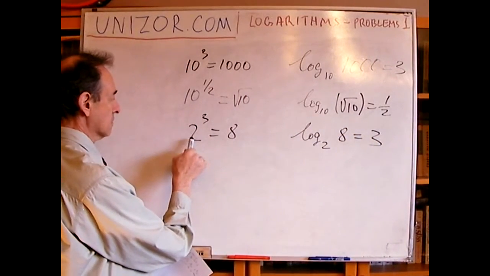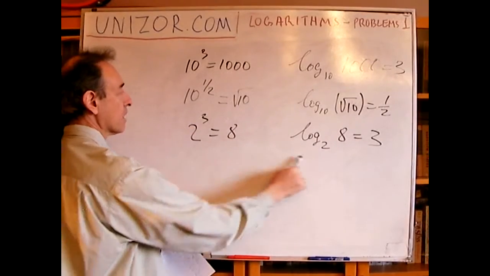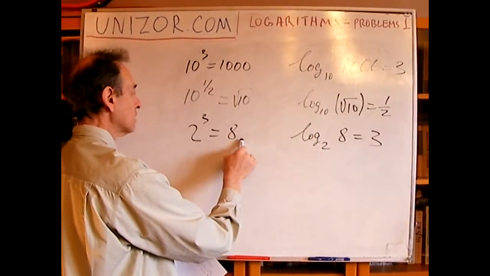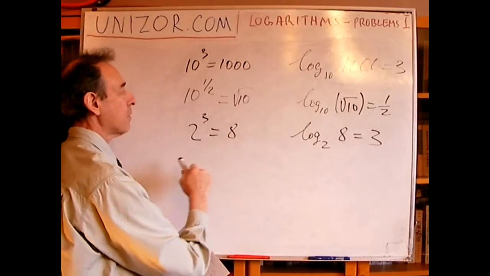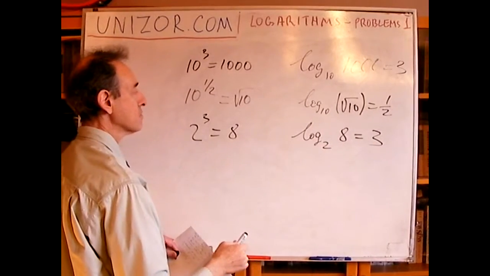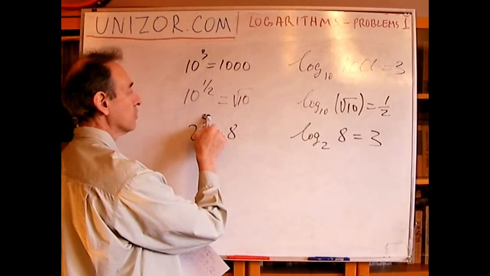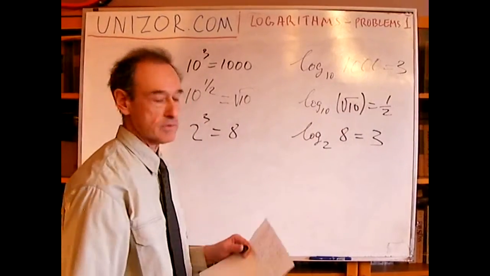So the base here becomes the base here. The result of this raising to the power is supposed to be under the logarithm, and the exponent itself becomes the value of this logarithm.